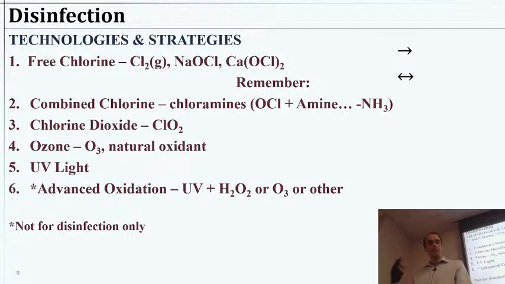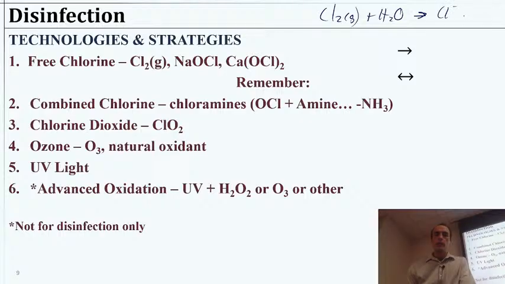When we react Cl2 gas with water, we will get Cl minus, HCl of course, HOCl is how we normally write it, if my brain will turn on, HOCl, and H+. So we can apply it as chlorine gas.